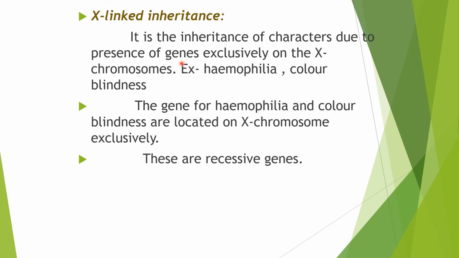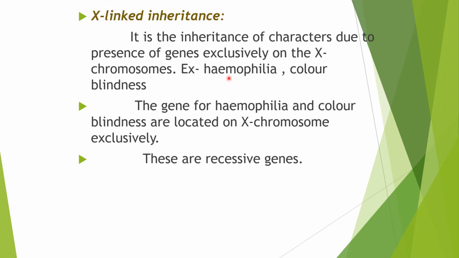Here, Y chromosome will not be taken into consideration. So, X-linked inheritance refers to the inheritance of characters due to the presence of genes exclusively on the X chromosomes. And two such common examples of X-linked disorders are hemophilia and color blindness.